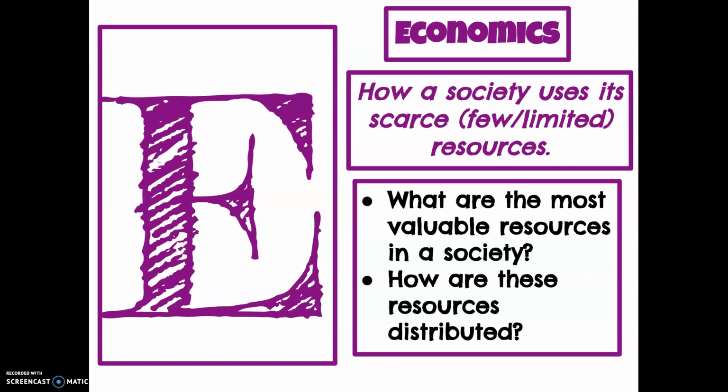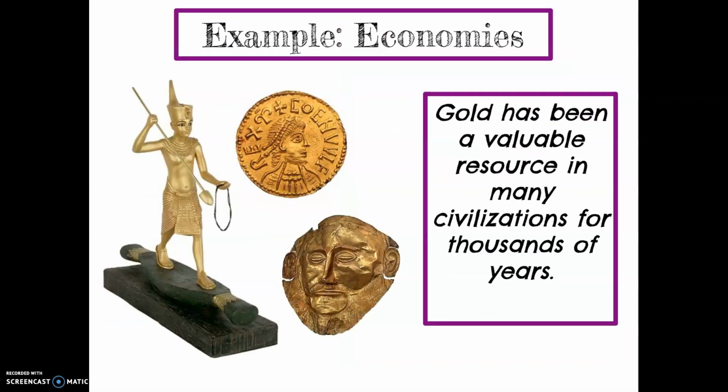What different civilizations valued over the years has definitely changed. How those resources are distributed really ties into our next element of SPACES as well. But you'll notice that throughout the years, definitely our idea of trade has changed. We still follow that idea of trade, but we use different forms of items to trade.